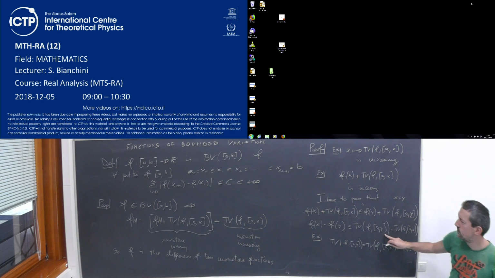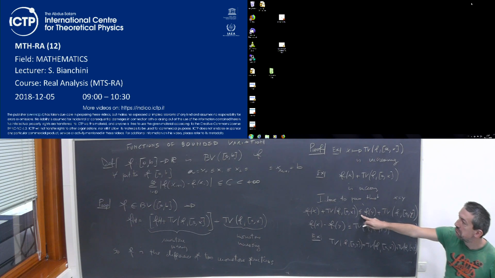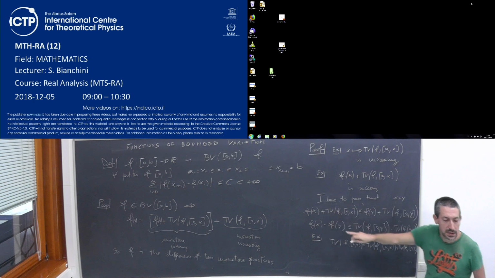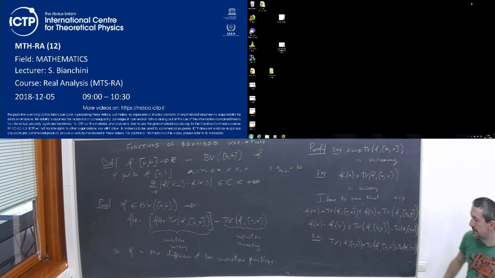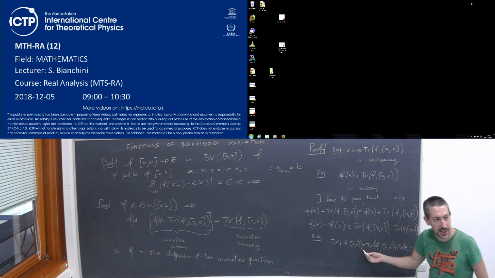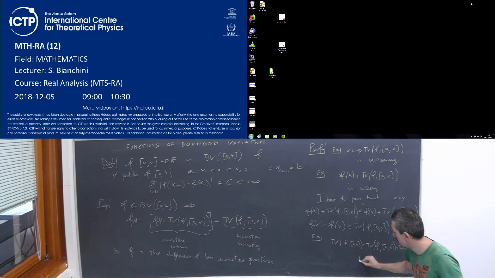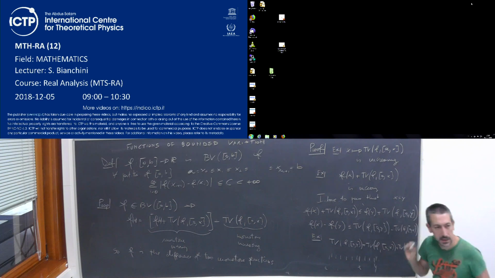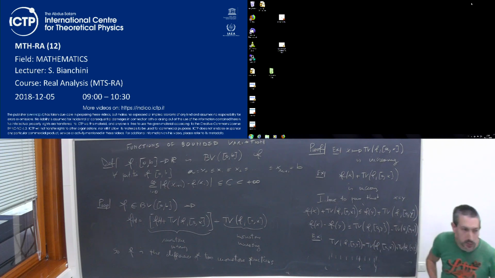This total variation of f on a, y is bigger than the total variation of f on a, x plus x, y. I think it's not equal. For example, this left hand side is larger, because any partition of this, okay, so this one is larger. Yes. So take a partition for this one. Let's say this is x, y, and a. Let's say this is the partition for this guy. Add this point to the partition.